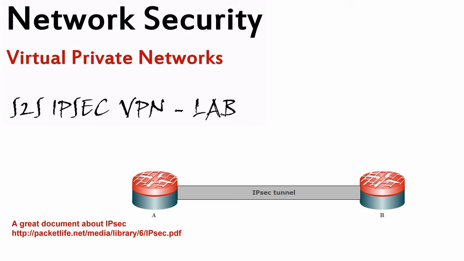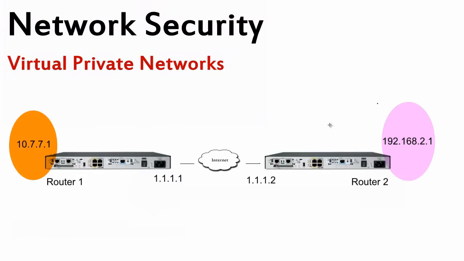To remind you, that is our topology. We have two routers that are connected directly. In the real world, that is the internet. It does not change anything here. And we have two local area networks. It is 10.7.7.0 in a way because it's a network, and 192.168.2.0.